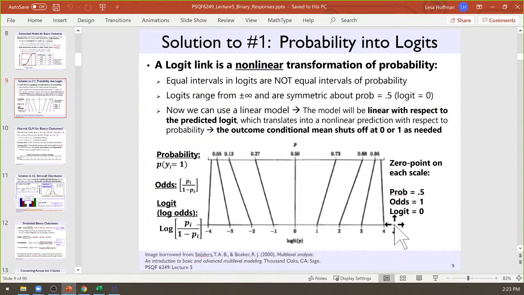So the logit can be predicted by a regular old linear model. The predicted logits from that model can get back translated into probabilities that stay within their boundaries. This is exactly the same thing as logistic regression, ordinal regression, probit regression, all that stuff that works with observed variables, which is why it's helpful to understand that connection: our factors are the predictors, they're just latent, but it's still regression.